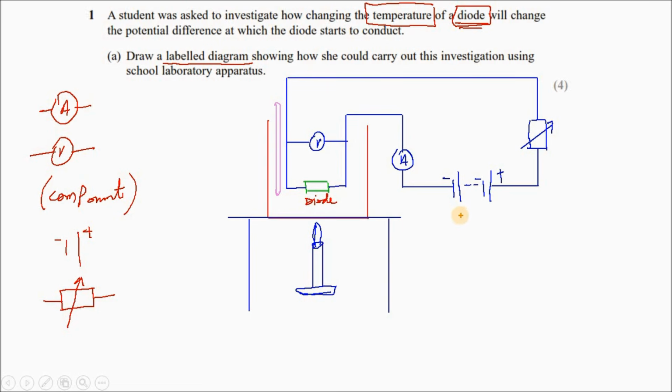You can say this is a power supply. This is variable resistor R, and this is your thermometer, and if you wish you can label the Bunsen burner. That's how you can label your diagram.